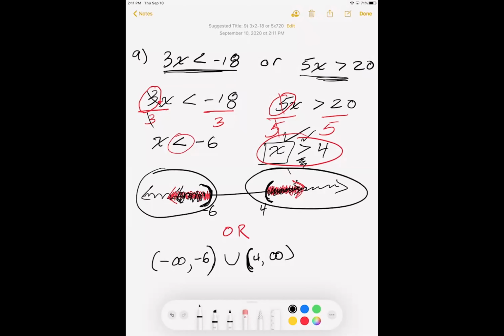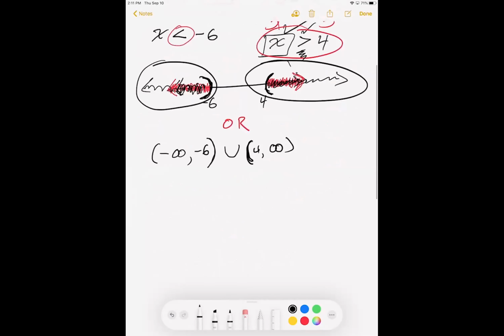Unlike, if you remember last time, the AND problem. I told you that the AND compound inequality is always the overlapping, which is the middle portion of the graph. The number that is bigger than this item but smaller than this item. Right? So that is your AND problem.